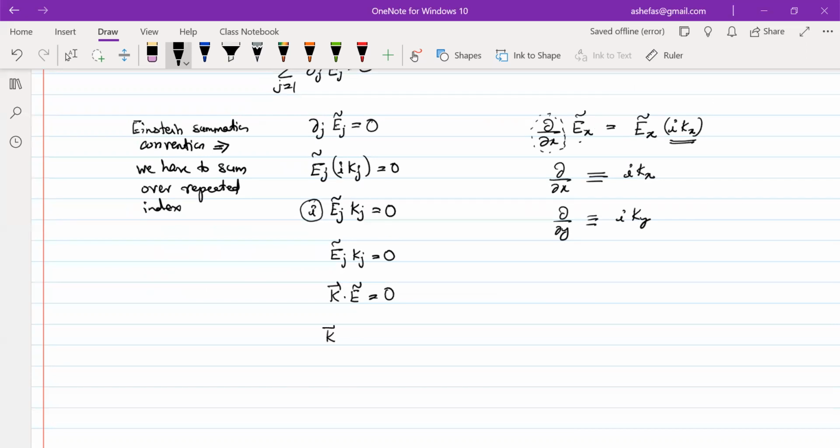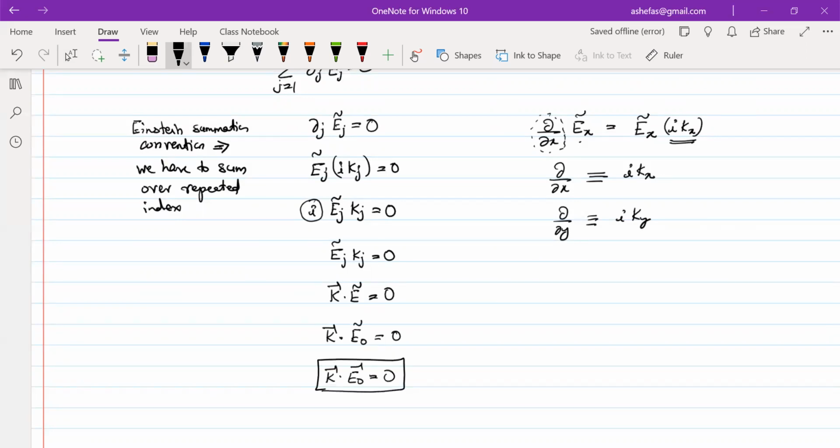Since k dot E tilde is 0, the vector component is coming in its complex amplitude. So k dot E0 tilde equal to 0, or finally we can write k dot vector E0 is equal to 0.